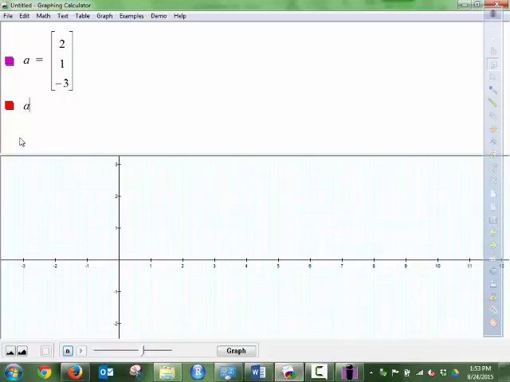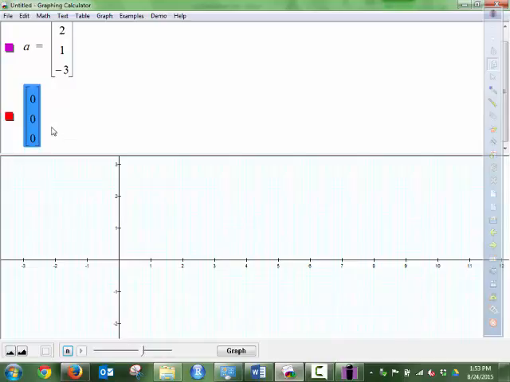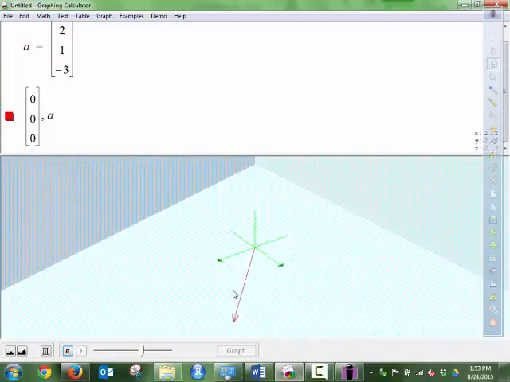So if I want to make this into a vector, I'll have a vector in standard position, and that's this vector right here, the red vector. The green arrows are the x, y, and z axis. Actually, the z doesn't have an arrow on it. So this is a vector in 3 dimensions.